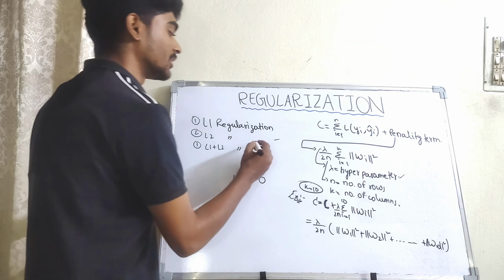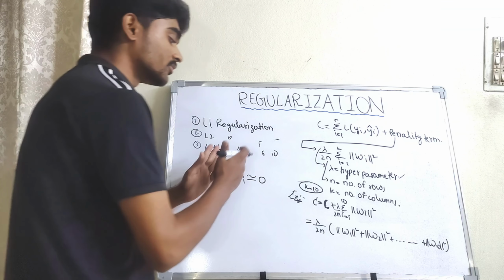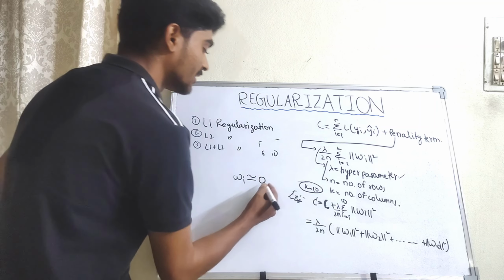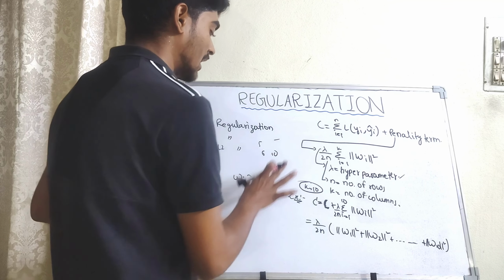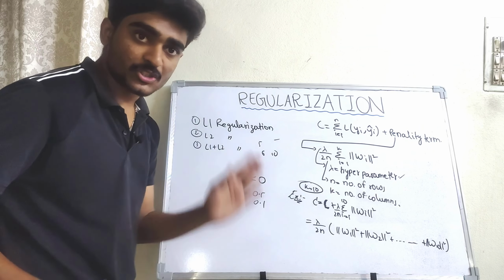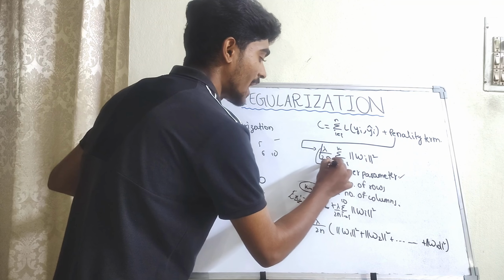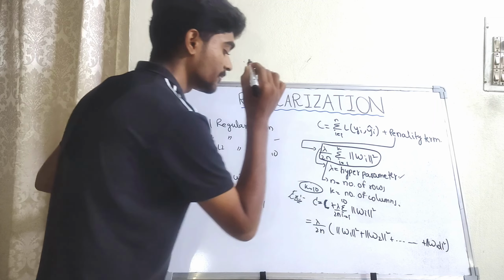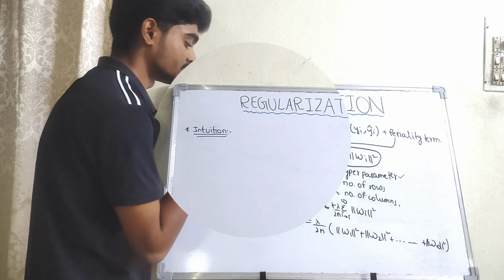Any weight value, whether around 5, 6, 10, anything, will become closer to 0, that is around 0.5 or 0.1. So these values are transformed to lower numerical values. In the next section of the video, let us discuss how by adding this regularization term, my weight values are diminished closer to 0.